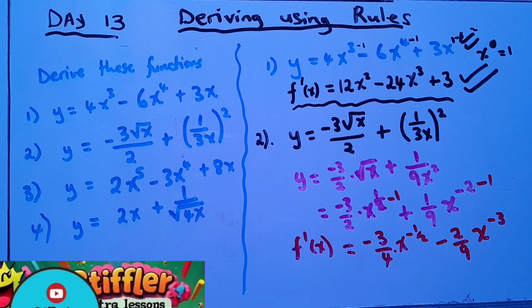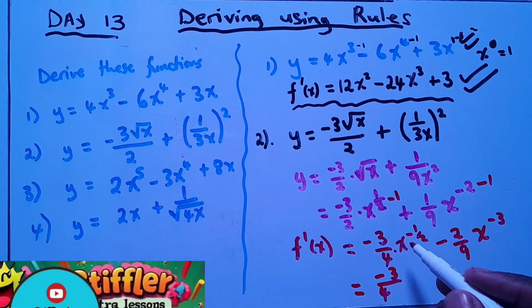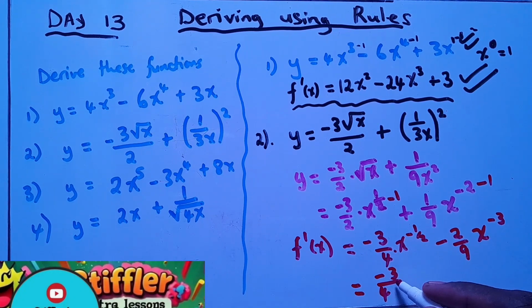So if you're at this stage, you are done, but sometimes you just have to put your exponents in positive exponents, right? So this is the same as negative 3 over 4, and this is having a negative exponent, so it will be here below, right? So it will be x to the power half, but you can also represent that as square root of x, like that.